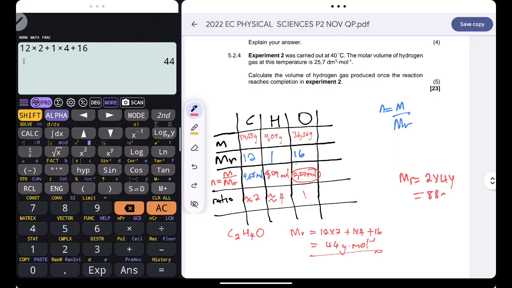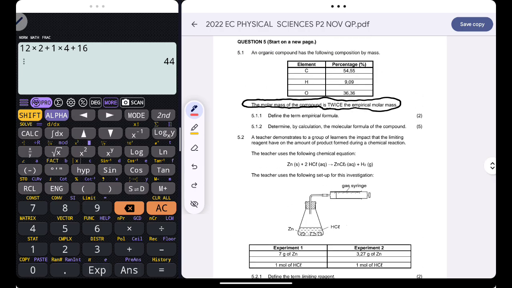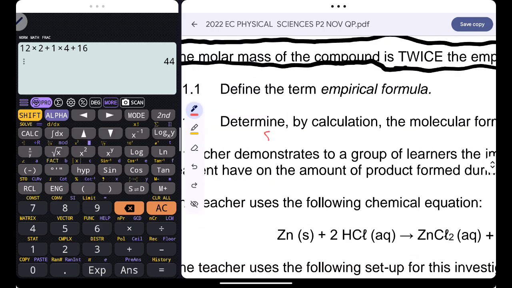Then it gets 88 grams per mole. So to answer this question, I have 88 grams per mole.